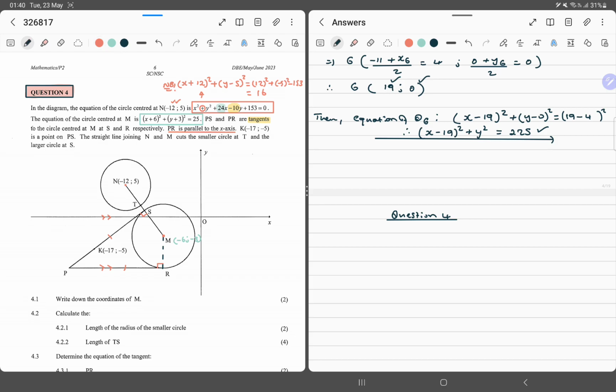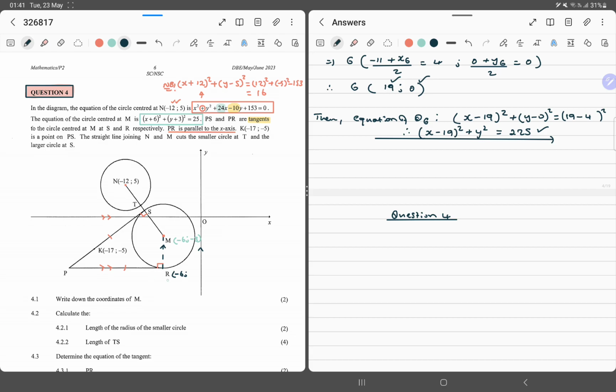This already indicates to you and I that this line should also be parallel to the y-axis, because any line that is perpendicular to the x-axis is effectively parallel to the y-axis. And what does that tell us? Since this is perpendicular and that is parallel, it already tells us that, since that is a vertical line, the x coordinate at M is the same as the x coordinate at R, which is -6.